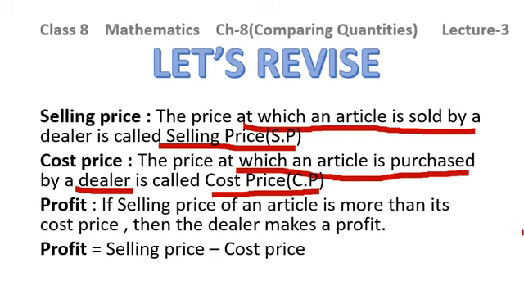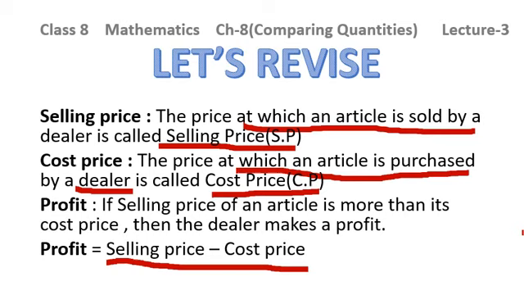If you are purchasing an article for rupees 200, but you are selling that particular article for rupees 250, here 250 is the selling price, 200 is the cost price, and SP is more than CP, so profit will be there, and profit will be calculated like this: selling price minus cost price.